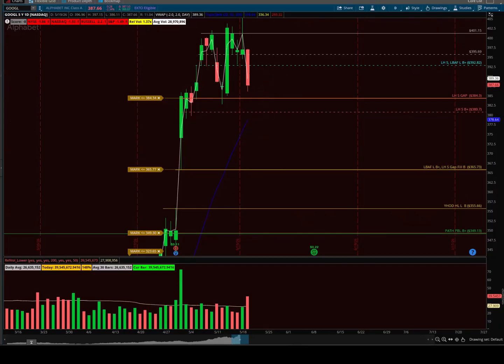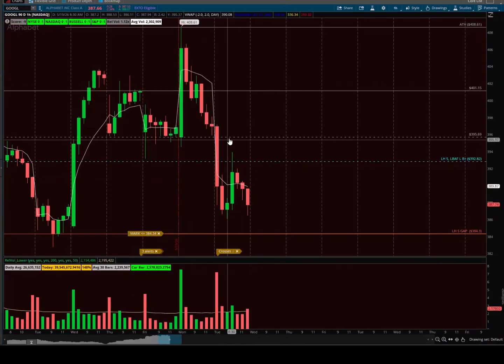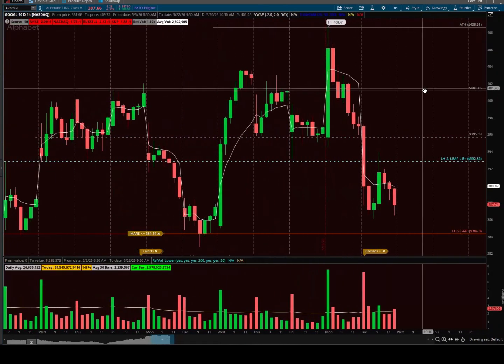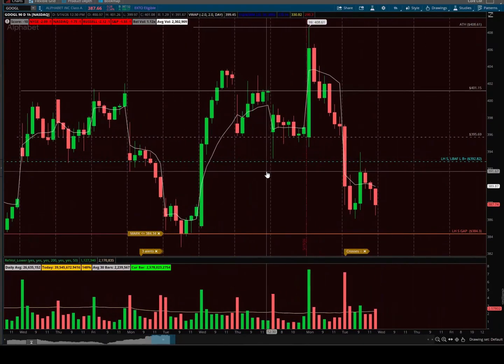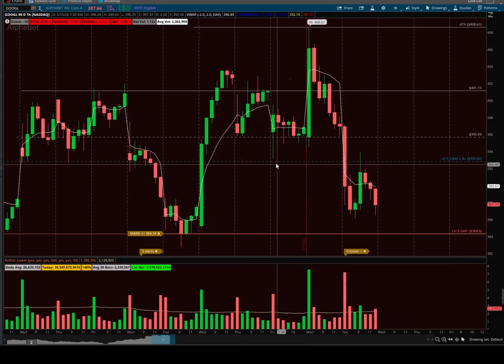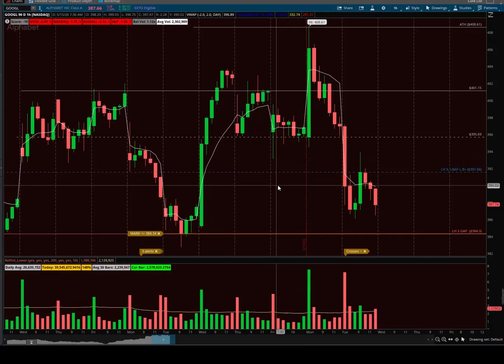Let's just look at the hourly chart and make sure our levels are looking good. Just trying to decide if I want to move this level down to 391.50. Let me see.